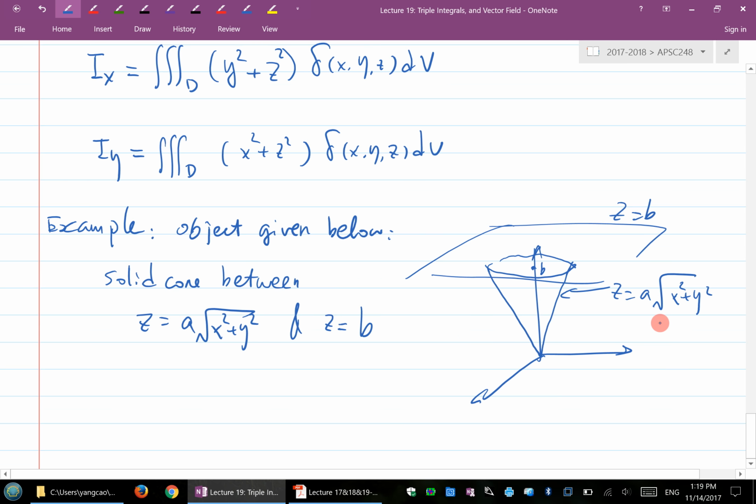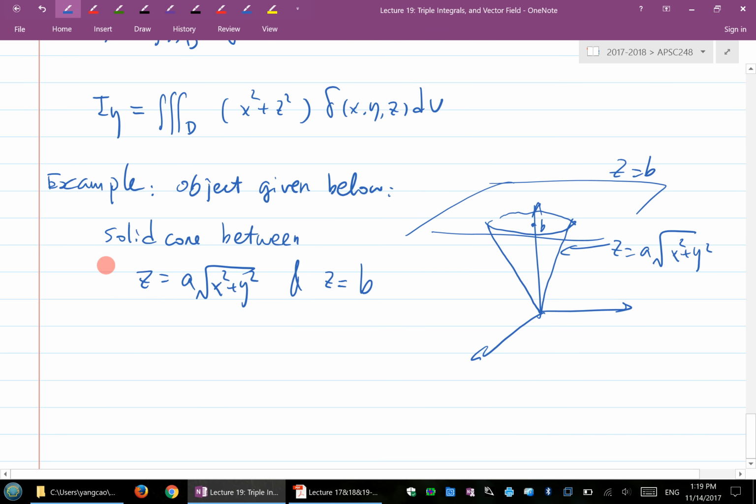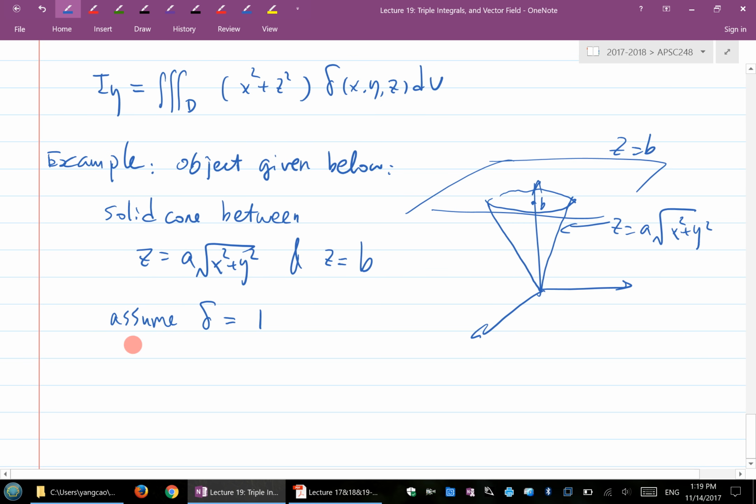So that's the object, and we assume that the cone has a constant density distribution of 1. So it's evenly distributed, and we want to calculate the moment of inertia Iz for this cone.